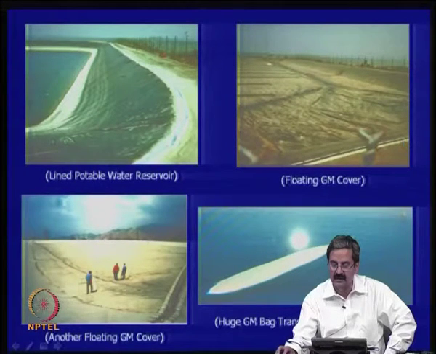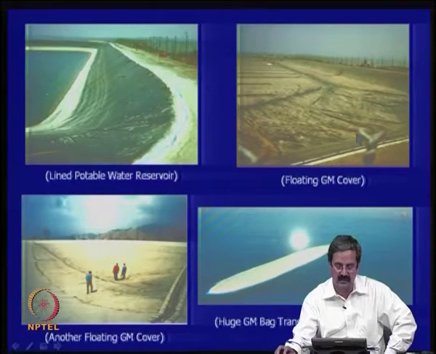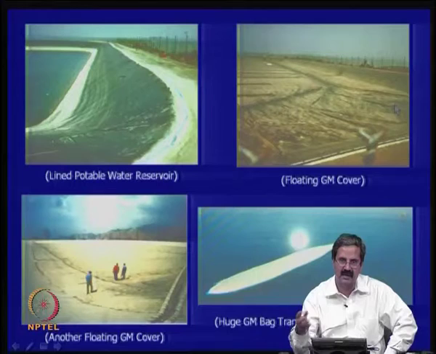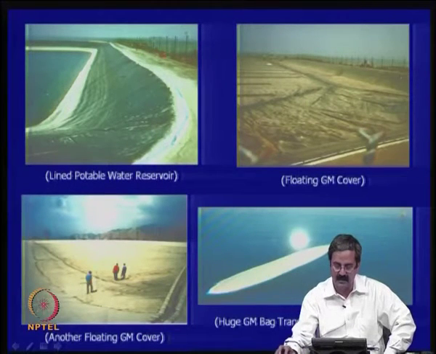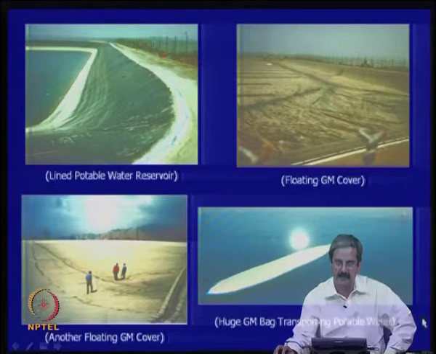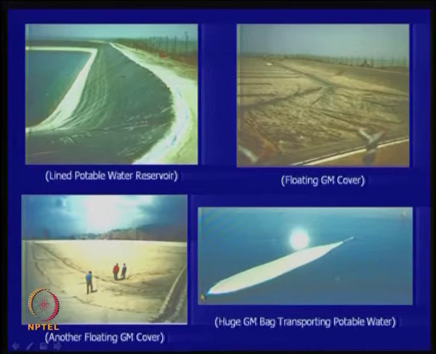The geomembrane should not get formations like this. That is one important worry in geomembranes. They have been very effective, but if there are some air gaps, it just gets lifted up, and then there is a problem. Here also, everything is a geomembrane area, but in some place it got lifted. This is a huge GM bag transporting potable water. So, this is one type.